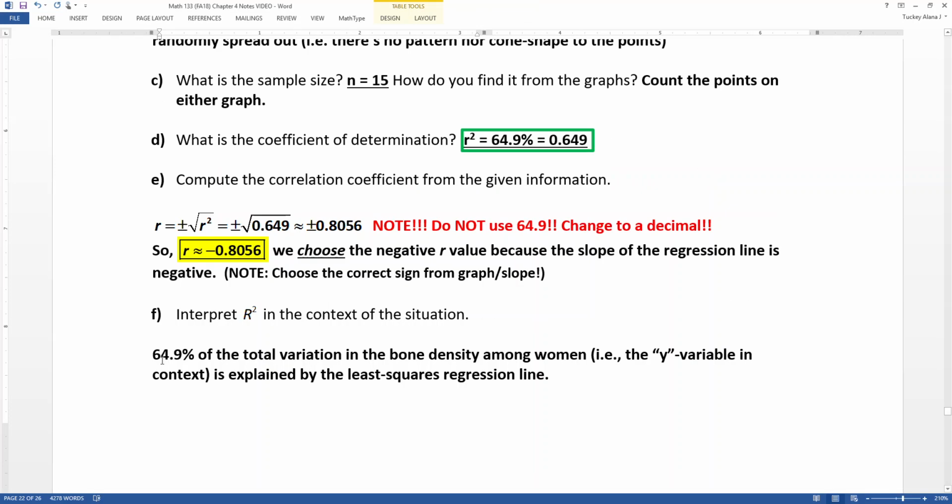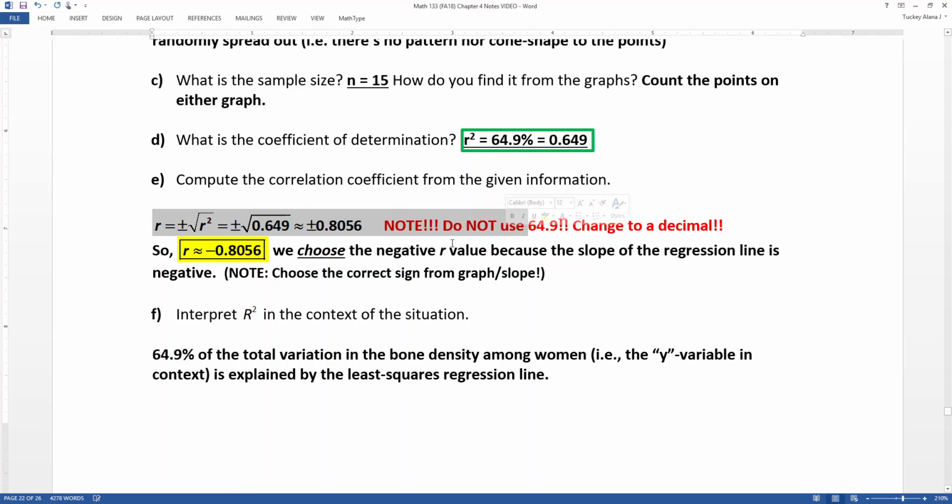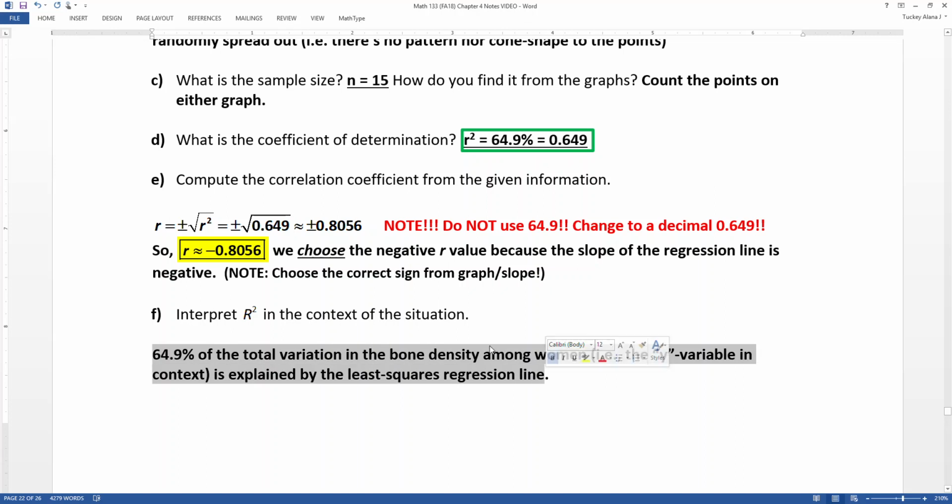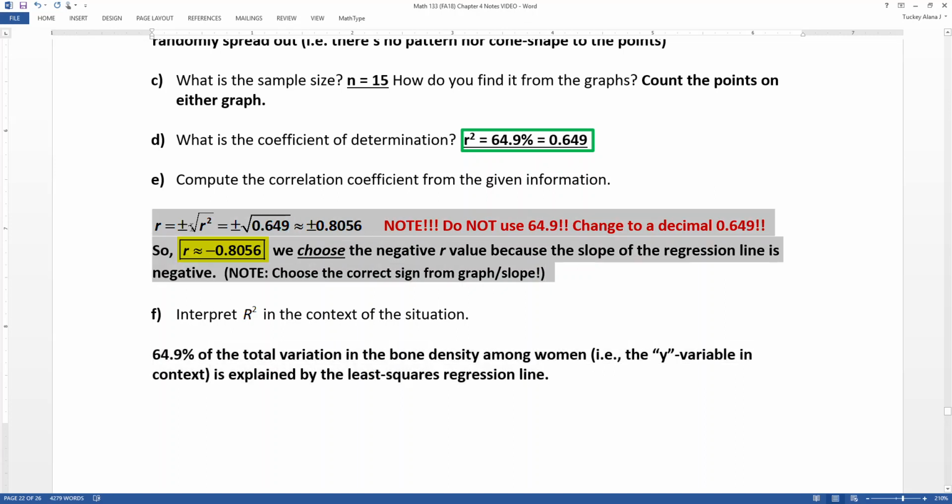You'll notice, by the way, that for the interpretation piece, we'll use the percentage. But when we have to find the correlation coefficient r, we do not use the percentage. We use the decimal, 0.649. So they're both useful, but they have their different uses. The percentage tends to get used more for interpretation. The decimal is used more for calculations.